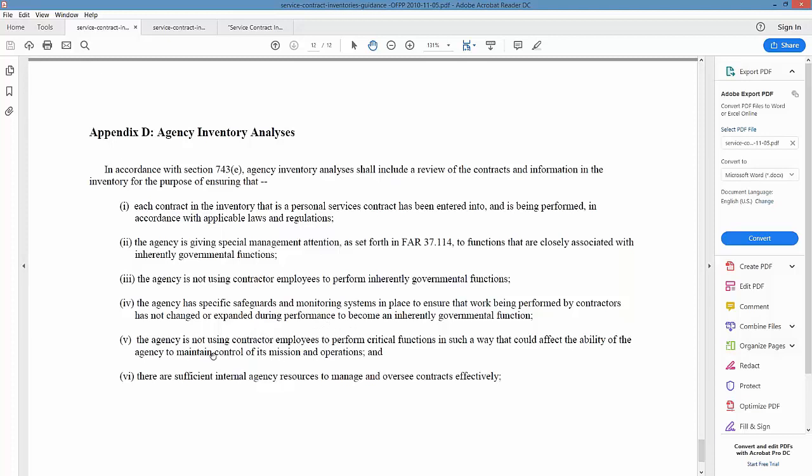And this is a key one: the agency is not using contractor employees to perform critical functions in such a way that could affect the ability of the agency to maintain control of its mission and operations. There are sufficient internal agency resources to manage and oversee contracts effectively. Experienced CO personnel. So you can see that IGF, inherently governmental functions, and service contract inventory reporting are joined at the hip.